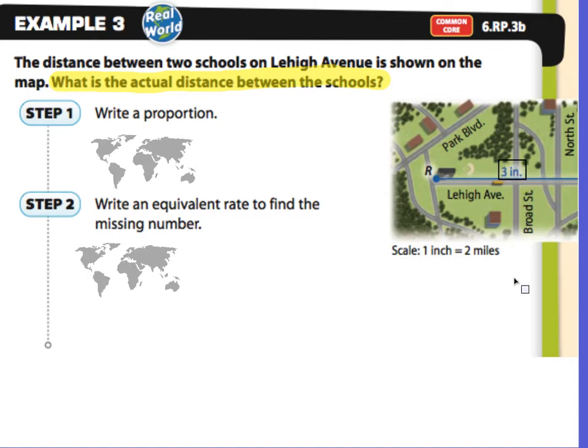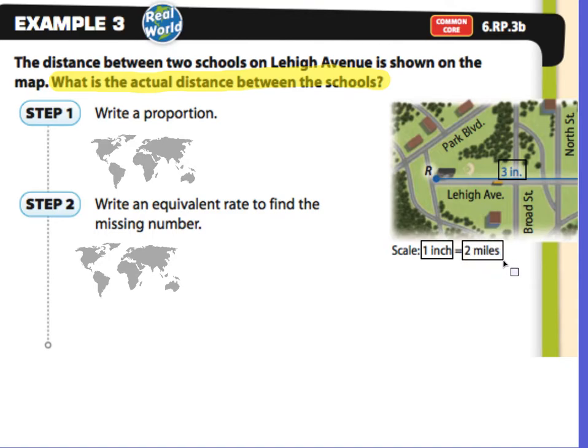Okay, but now, how is that going to help me? Because it's obviously not 3 inches between the 2 schools in real life, because we would step on both schools anytime we took a step. But when I look down here, I see this lovely thing called a scale. That means in our picture, anytime we measure 1 inch, in real life, it actually equals 2 miles.